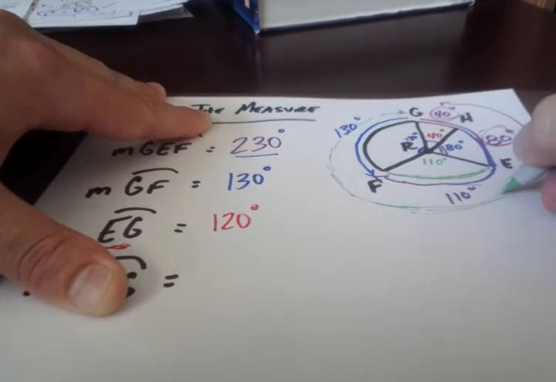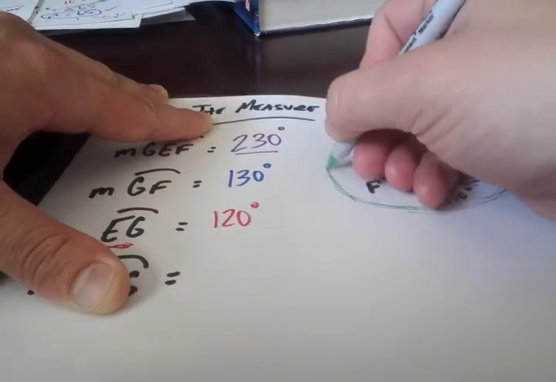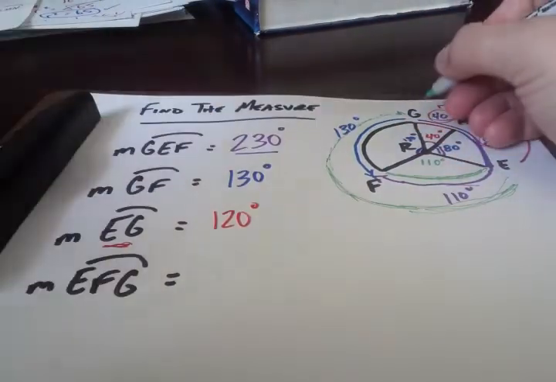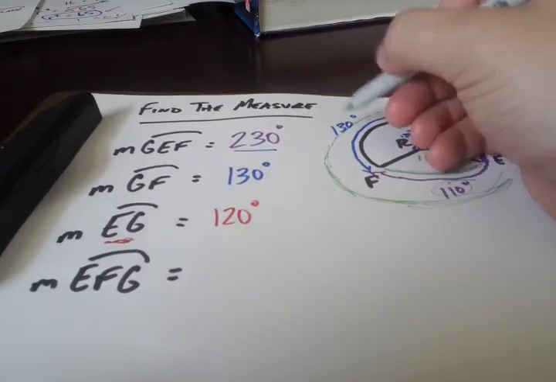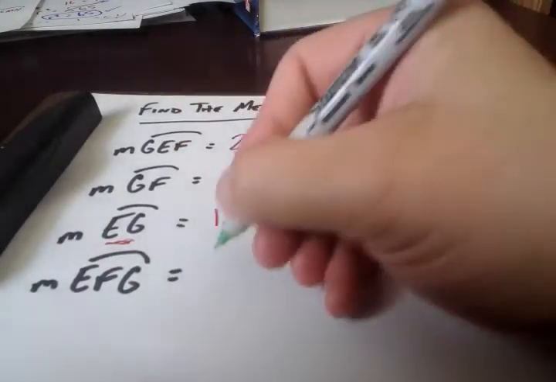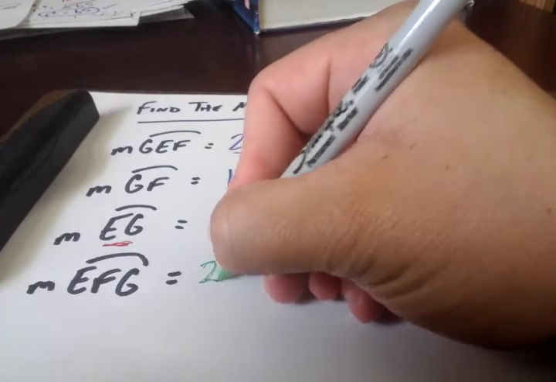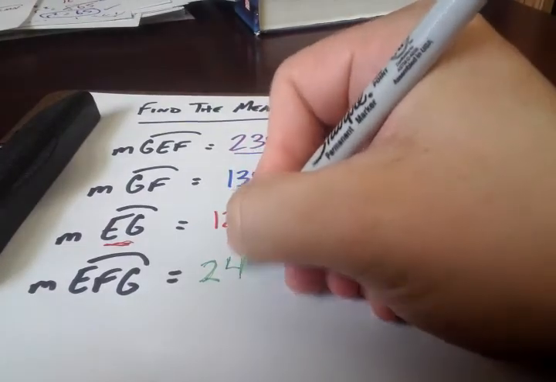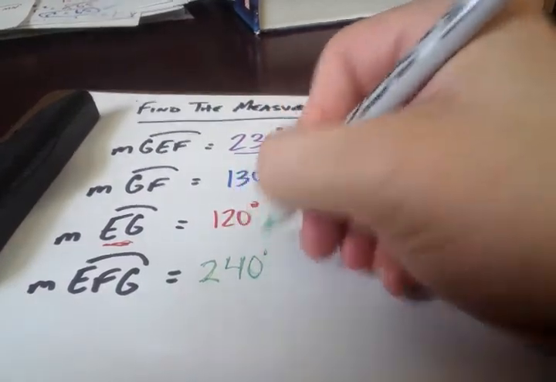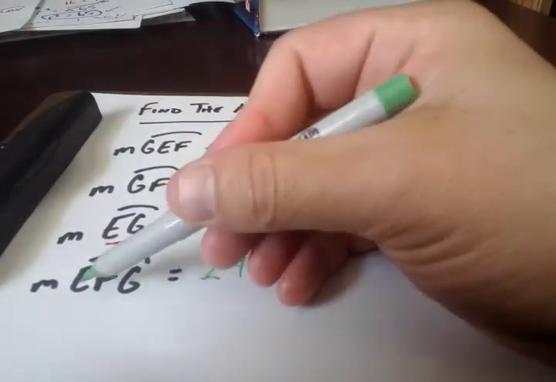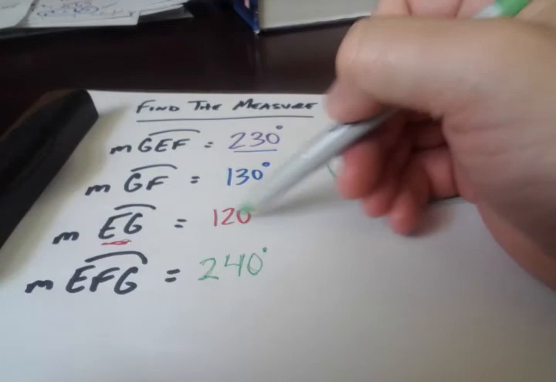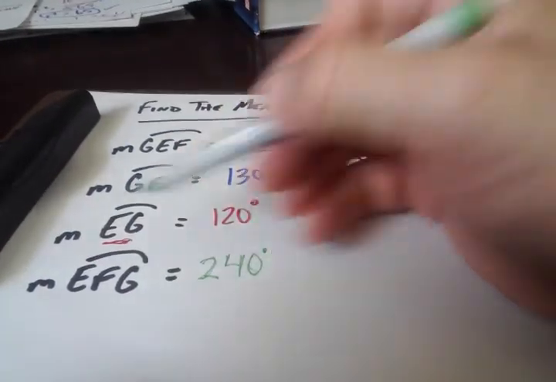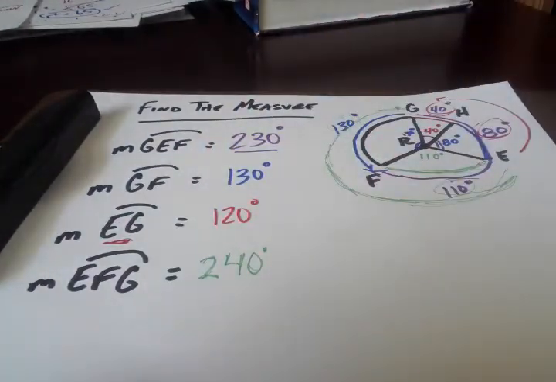So it's going from here all the way around to there. So let's add the parts. 110 plus 130 is 240, right? So this is 240 degrees, and like we said, a major arc should be larger than 180. A minor arc should be less than 180. So 3 letters is larger than 180, 2 letters is less than 180.